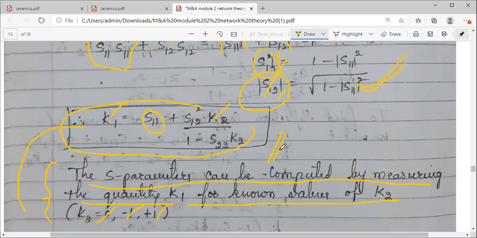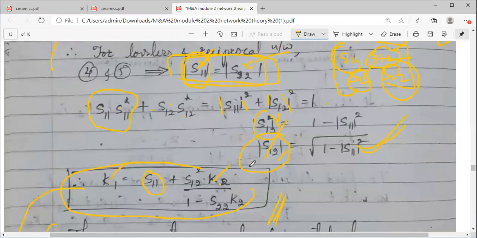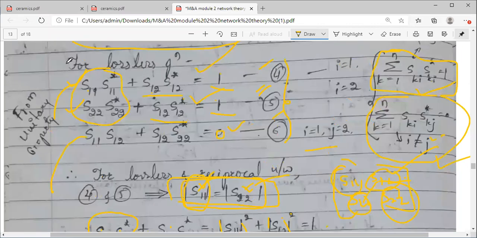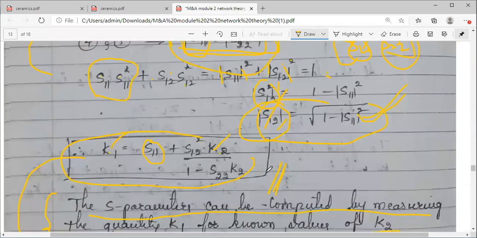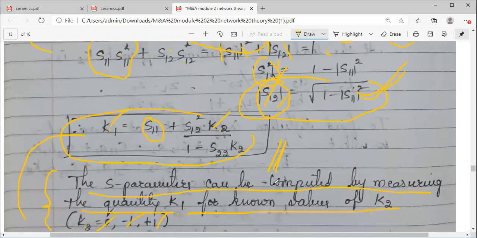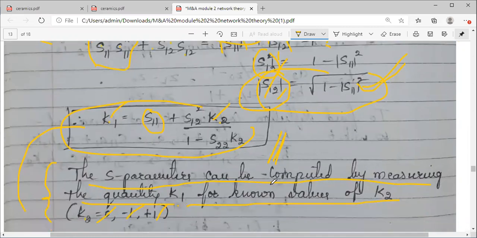If you keep it only till this, it is sufficient, because for a lossless network, using the unitary and zero property, we have already derived the relationship. So you should just mention in words that the S parameters can be found by measuring the quantity K1 for the known values of K2. Okay. This is how the S parameters of a mismatched load can be found.